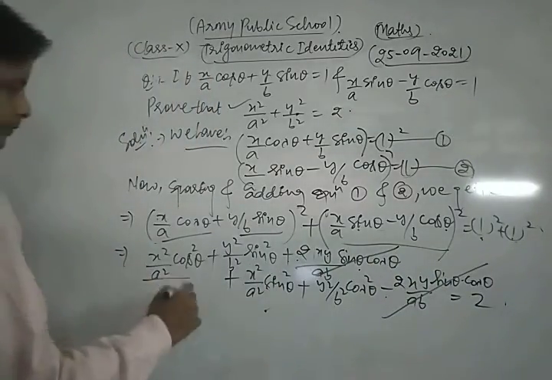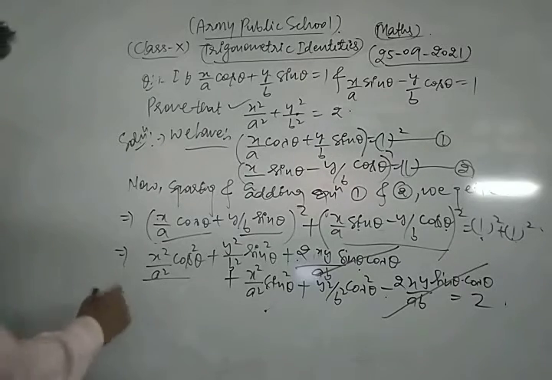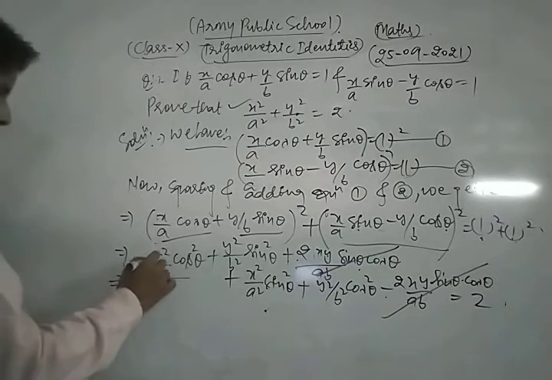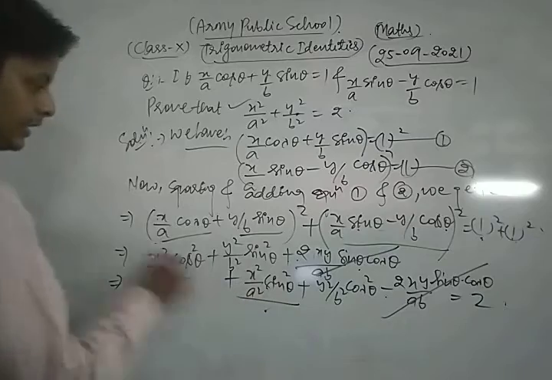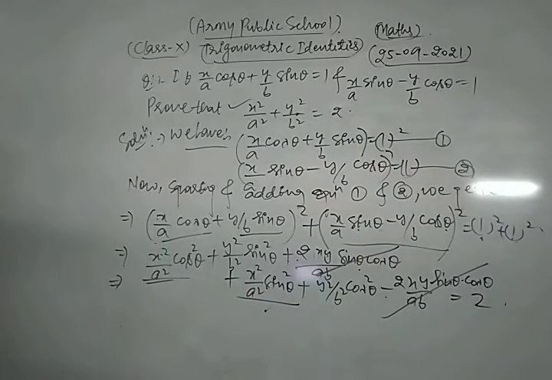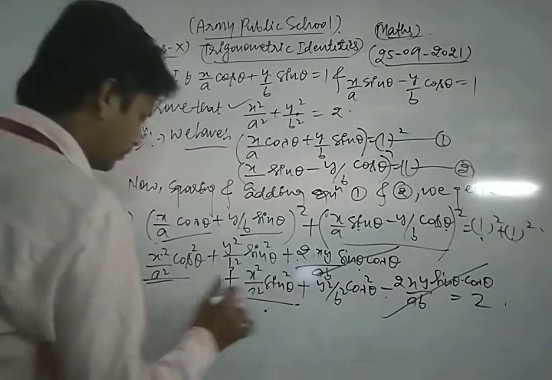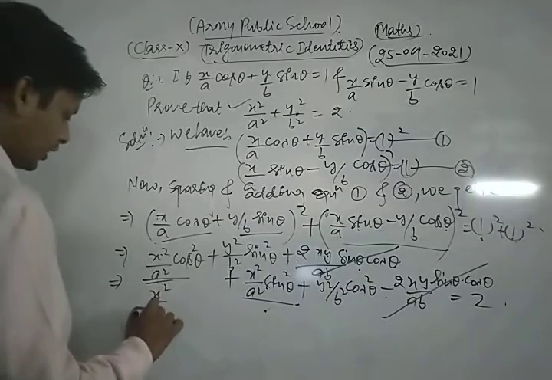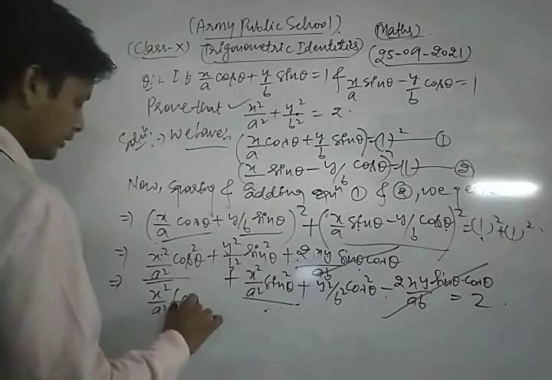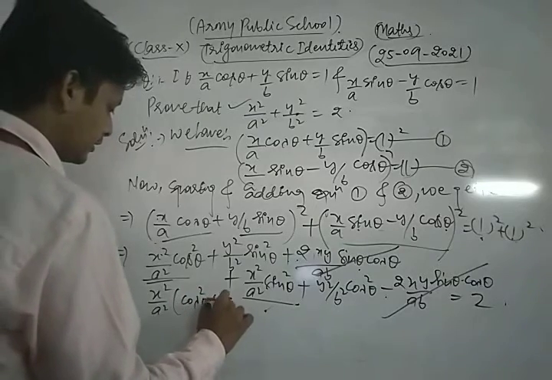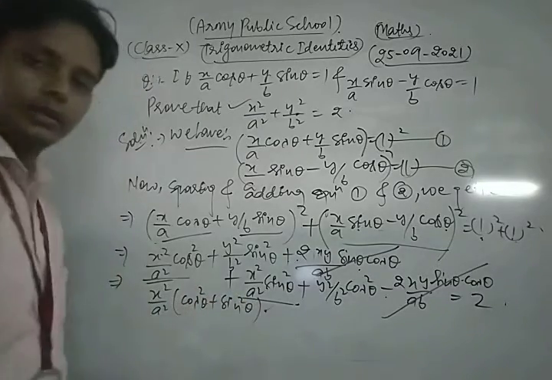Now we form the grouping: x square upon a square is here, and here is x square upon a square sin square theta. From these two terms we take x square upon a square common, so we get cos square theta plus sin square theta.